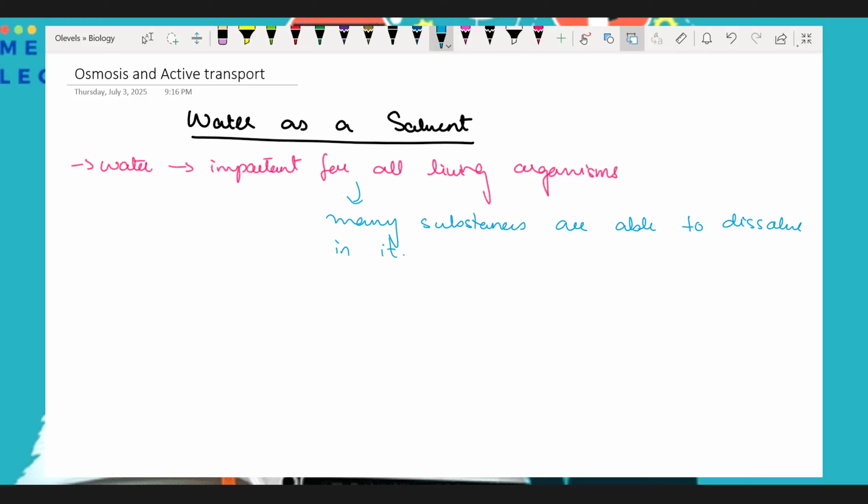And as many substances are able to dissolve in it, we can say water is a solvent. And due to this property, water is incredibly useful and essential for all life on Earth.